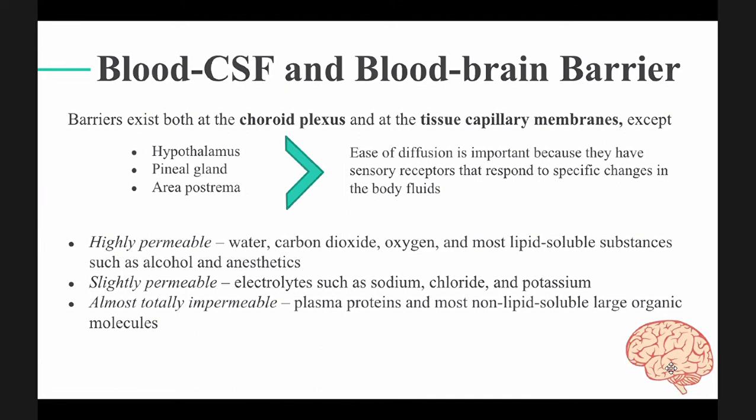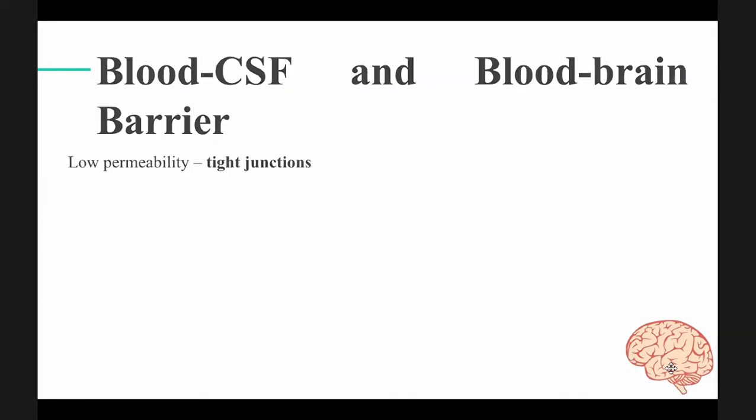Slightly permeable are electrolytes such as sodium, chloride, and potassium, and almost totally impermeable are proteins, because these are large molecules, and most of the non-lipid soluble large organic molecules. Okay? So the tight junctions allow this low permeability.